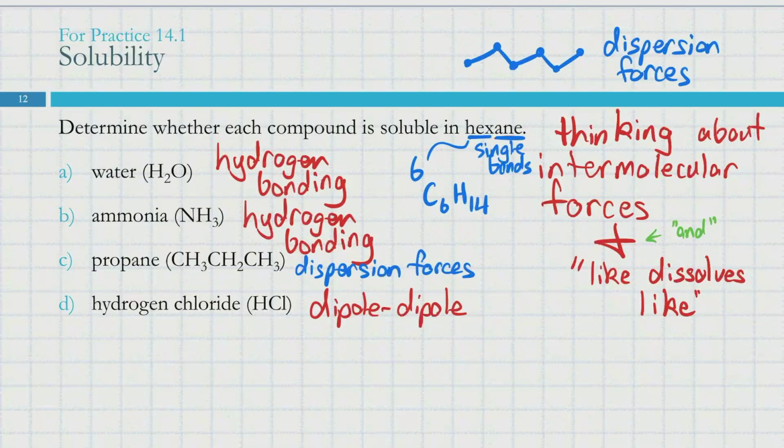So if we had to guess whether these compounds are soluble, thinking about like dissolves like, thinking about similar intermolecular forces, our hexane only has dispersion forces, very weak intermolecular forces. Which of these do we think is most likely to dissolve in hexane?